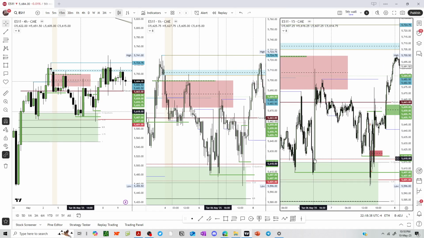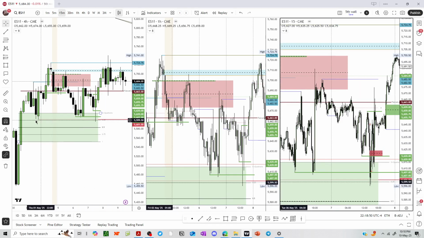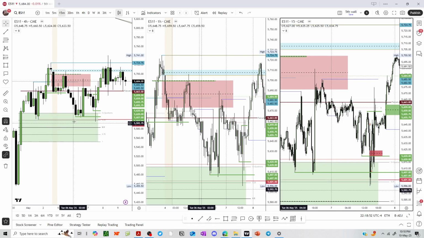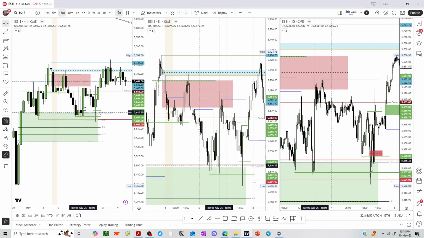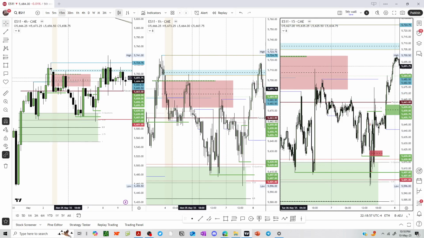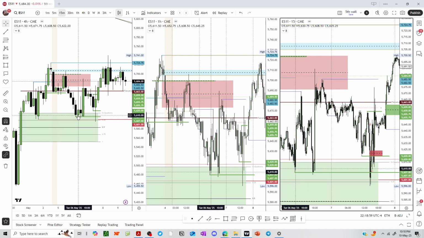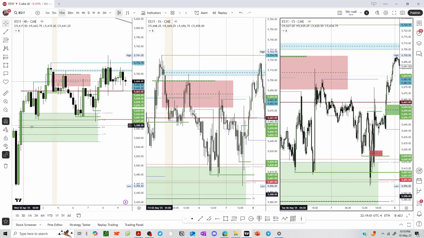Didn't give you any chance here, and I couldn't take this. No, because I don't trade turtle soups. I don't do this type of turtle soup, because it didn't run the low here, so I would have still been thinking bearish, even though it traded into here.